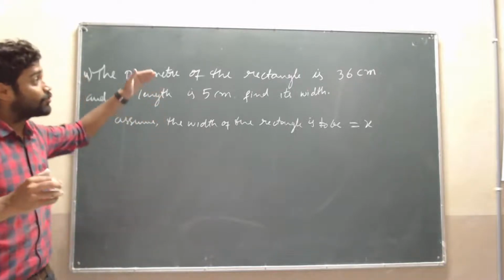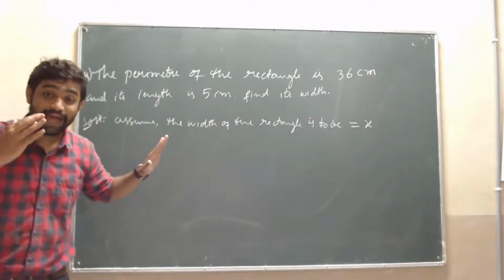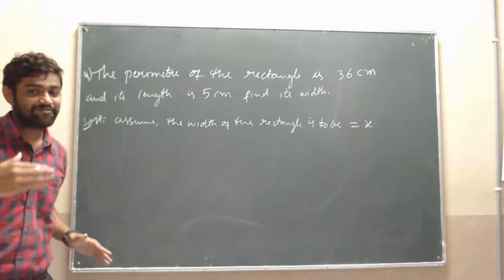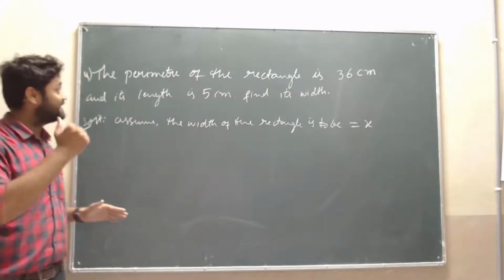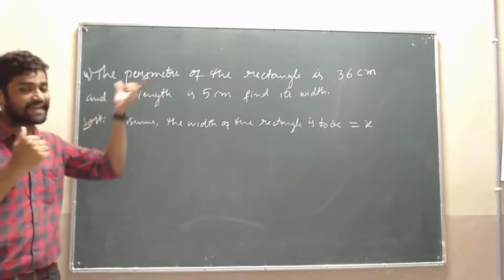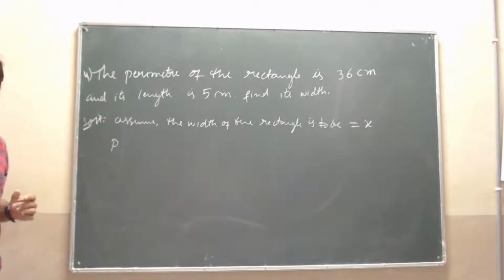Before converting this into a linear equation, we have to know the perimeter of the rectangle. What is the formula for finding the perimeter of the rectangle? Yes, tell me.